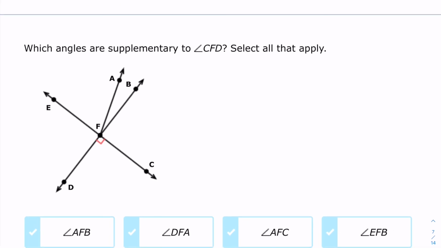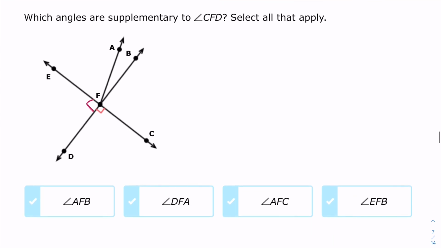So here we have CFD, which is a 90-degree angle. So here's what can be supplementary to it. It can be this one, which is DFE. So do we see DFE anywhere? I see DFA. I don't see any for that one. So DFE is one of them.